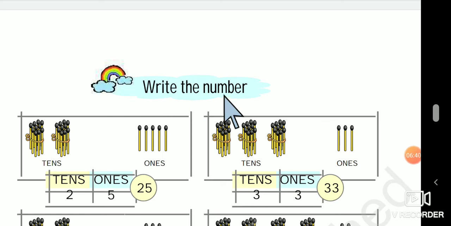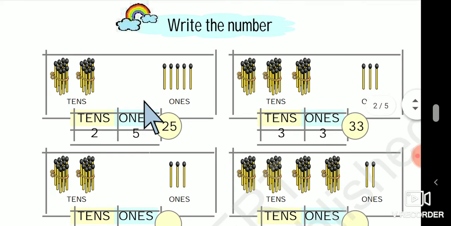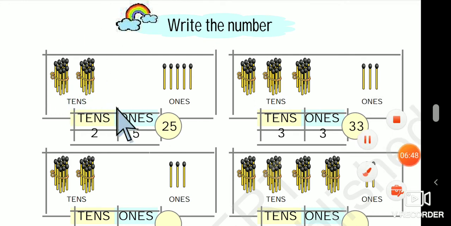Write the numbers. Here we have to write numbers. So there are two bundles means 2 tens and 5 loose matchsticks. Let's count 1, 2, 3, 4, 5 loose matchsticks. So 2 tens and 5 ones is equal to 25.